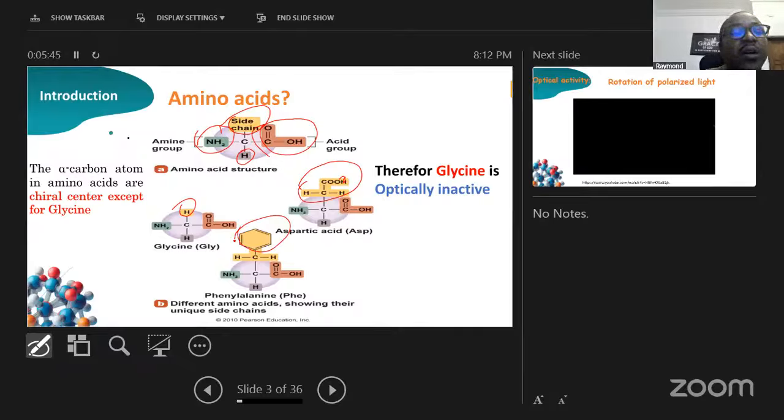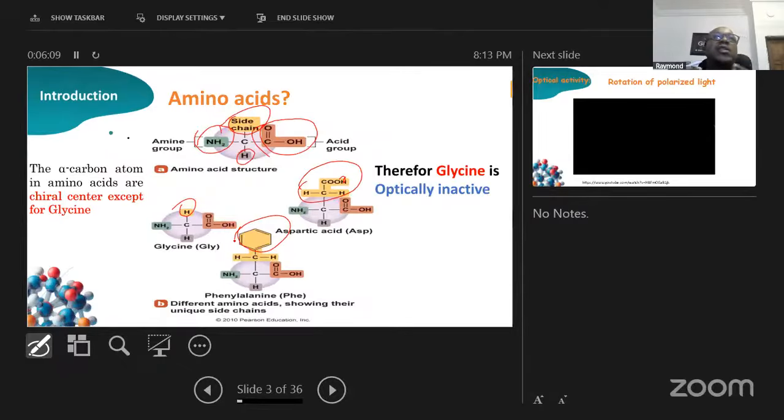So now, they say the alpha carbon atoms in amino acids are chiral centers except for glycine. The implication of that is that glycine is optically inactive, and there's what we call optical activity. If we say a molecule is optically active, the molecule should be able to rotate a plane of polarized light, either to the left or to the right.